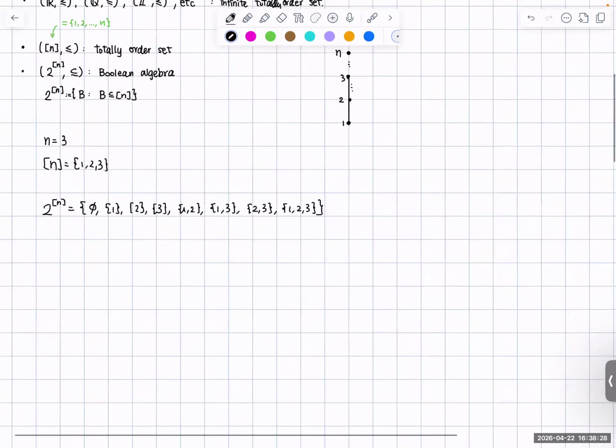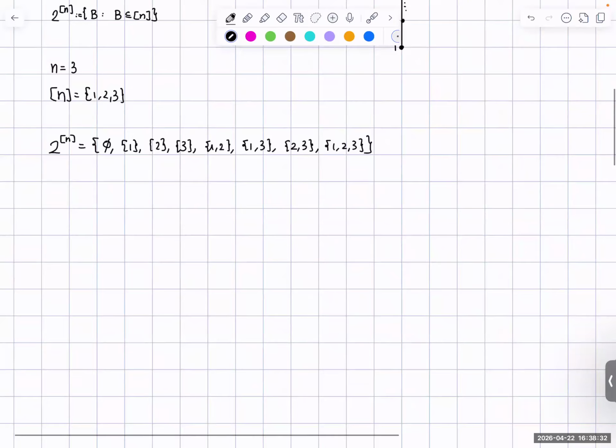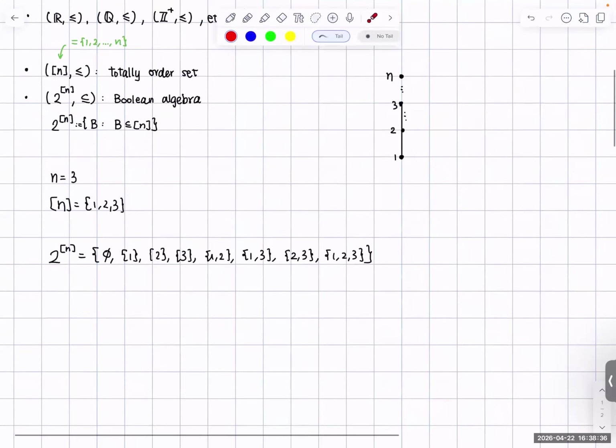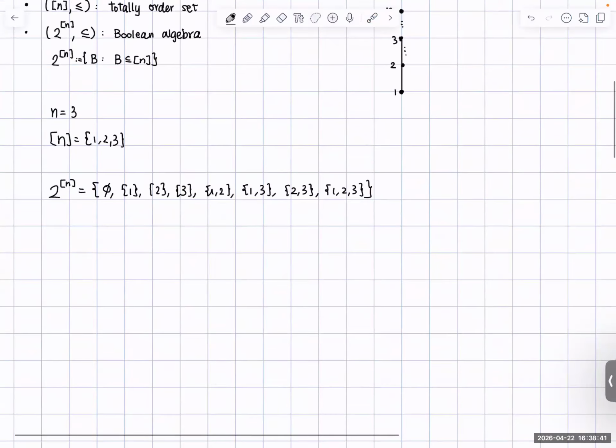And now we want to write out the relation. What we usually do is call it the covering relation.